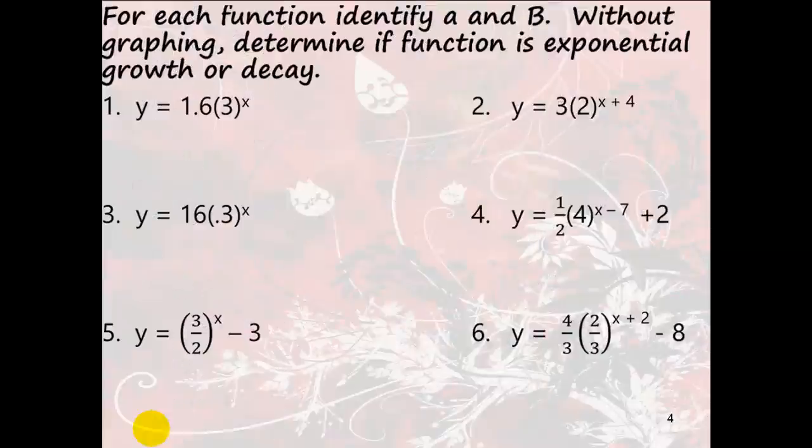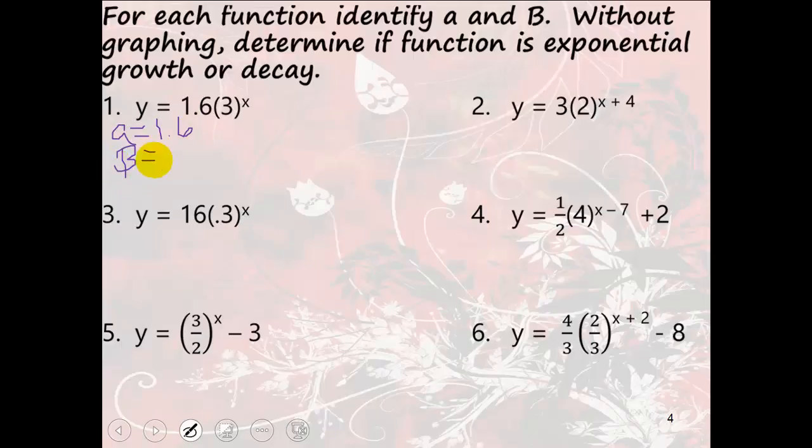On this slide, I would like you to identify a and b and whether it's growth or decay. I'm going to do a couple of them with you, and then I'm going to have you do several. Okay? So in this first one, a is equal to 1.6, b is equal to 3.